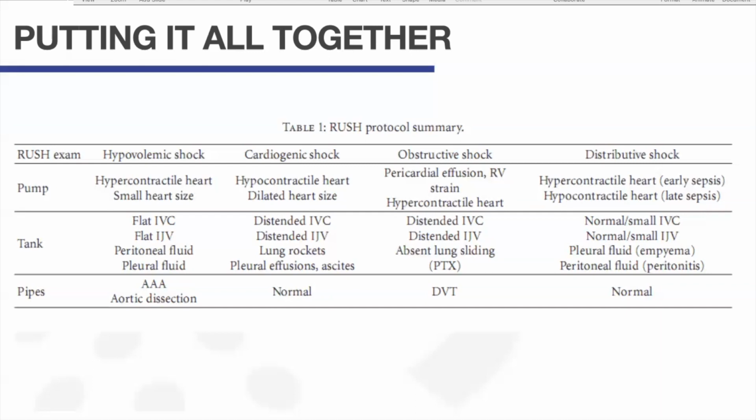In distributive shock, for example in sepsis, on assessment of the pump you can have either a hypercontractile heart or even a hypocontractile heart due to myocardial depression in the late stage of sepsis. You may have kissing IVC if it's a mix between distributive and hypovolemic shock, or you may even have a normal IVC.